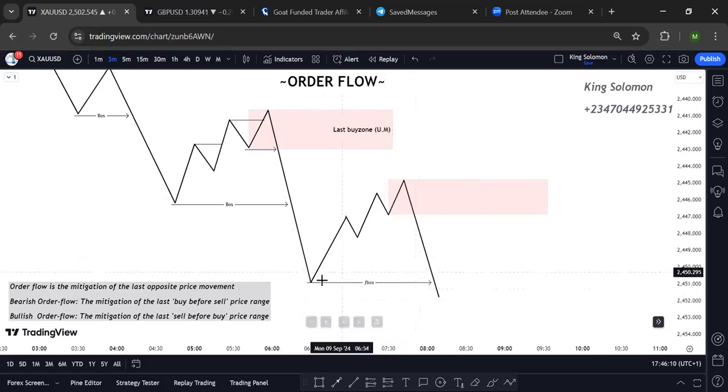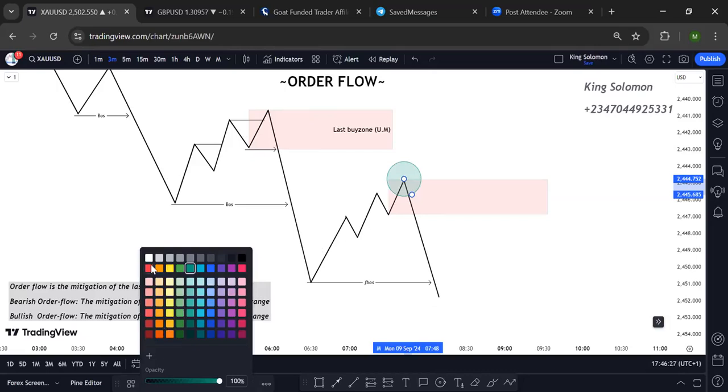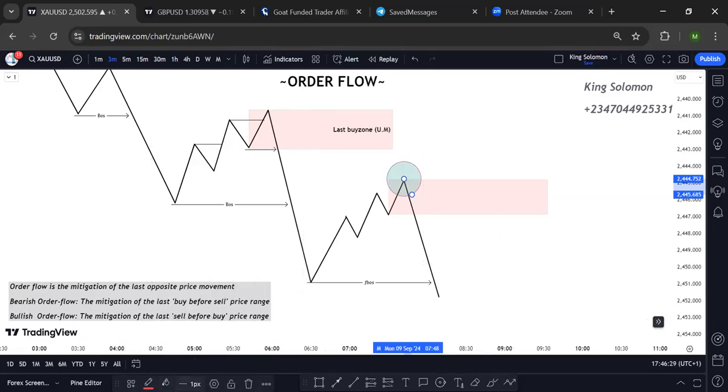And then this is a fake break of structure. So anything formed around the extreme structure of where price is coming from is all invalid, right? It's all invalid.